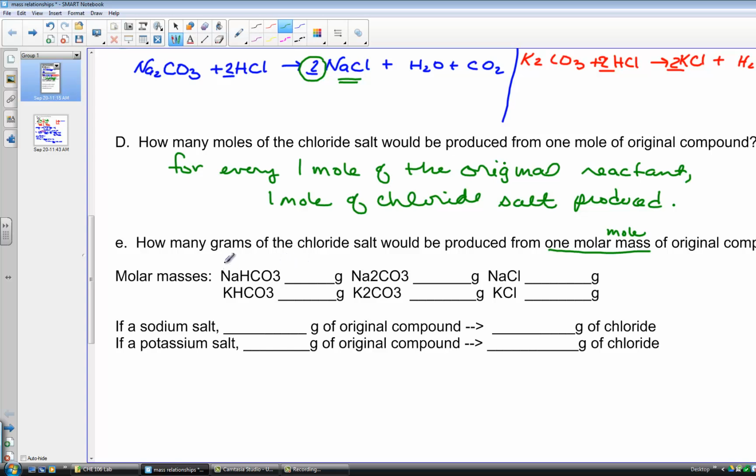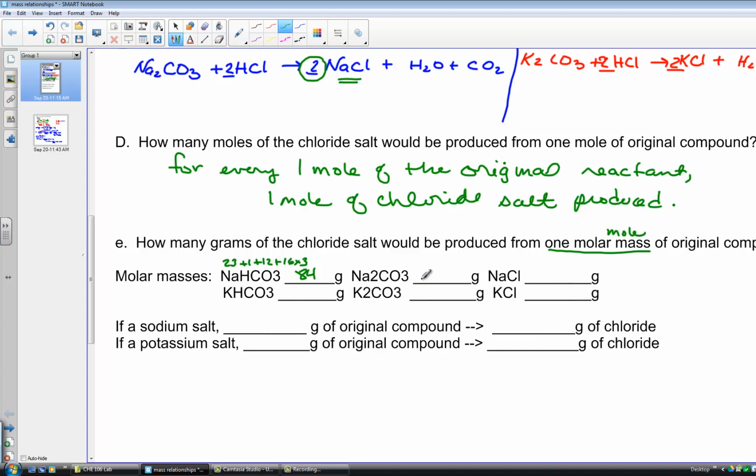And so for instance, off the periodic table, sodium weighs 23, hydrogen is 1, carbon is 12, and oxygen is 16, but there's 3 of them, so I'm going to simply add, and I have my calculator here. I go 23 plus 1 on the hydrogen, plus 12 for the carbon, plus 16 times 3 for those 3 oxygens, and the molar mass of NaHCO3 I sum and found 84.